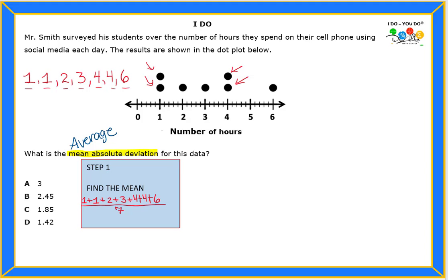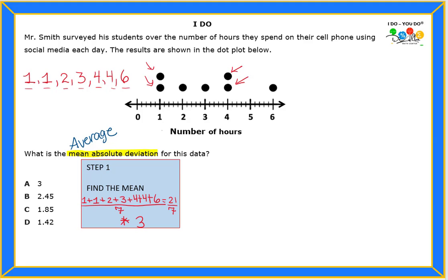So I need to get an answer for all the numbers, and that will give me a 21. And then I still need to divide by 7, right? So 21 was just the answer for the numbers on the numerator. What's 21 divided by 7? It's 3. Very good. So my average for the first part of the data, it's 3.